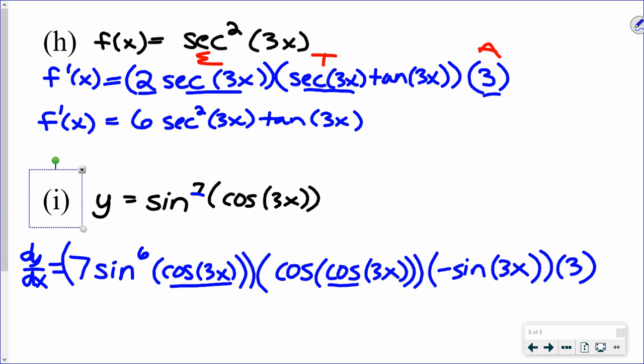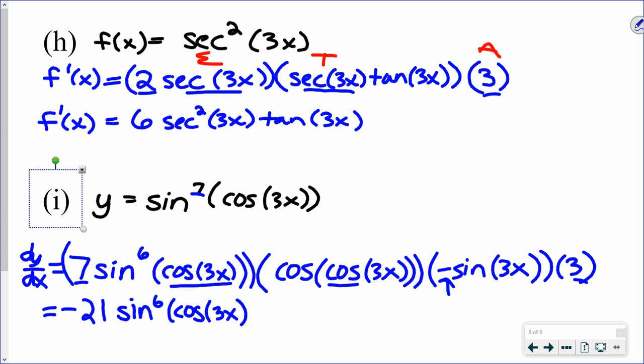Okay, now again, as far as simplifying goes, we can multiply this 3 and this 7 and this negative 1 right here. So that'll just end up being negative 21 out front. But then that's really about all we can do. So the rest I would just bring down.